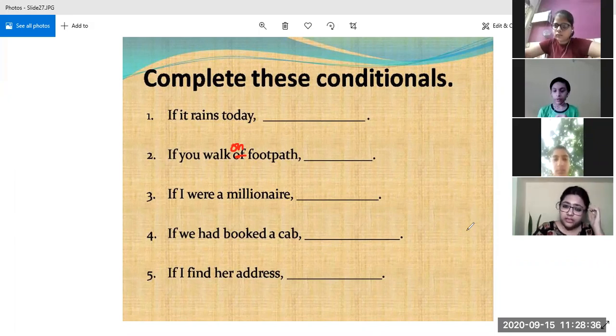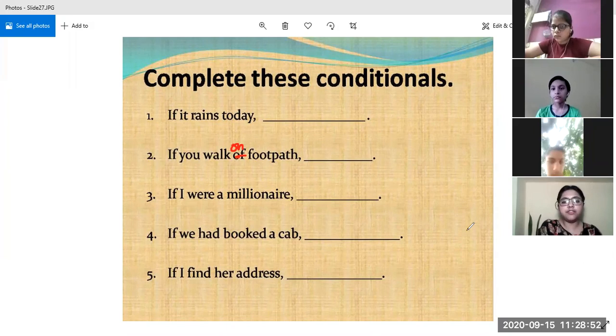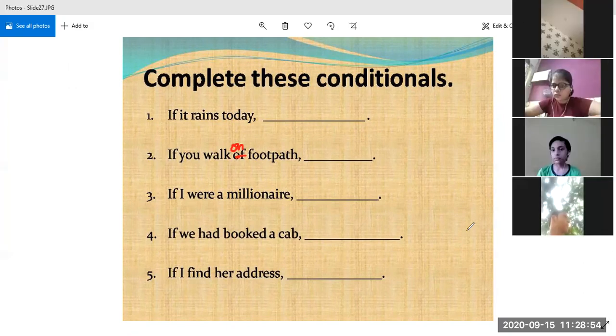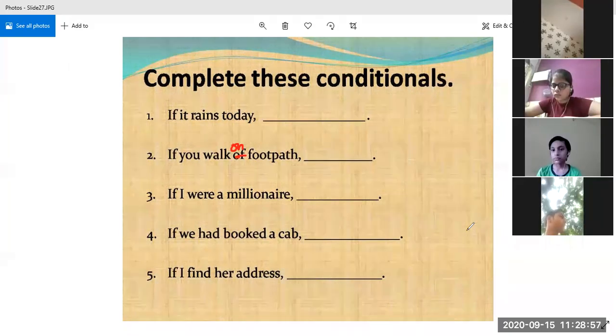You would buy. Anyway, your structure was correct. If I were a millionaire, I would buy games, or if I were a millionaire, I would buy an expensive car. Whatever it is, his structuring was correct.